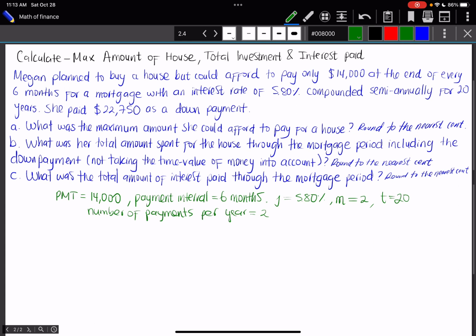And then the total number of payments during the term of the annuity will be the product of the number of payments per year by the time period in years. So we do 2 times 20, and that's 40. So that would be 40 payments during the term of the annuity.